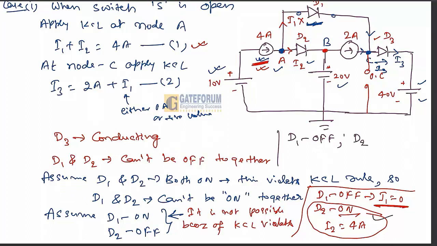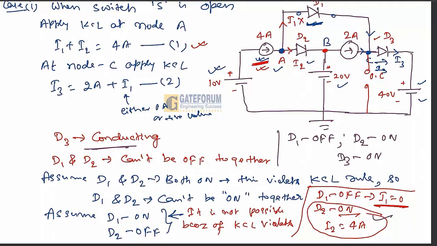D2 we got as on or conducting, and D3 we already got as on or conducting. So whenever this switch S is open, the D1 diode will be off, D2 will be on and D3 will be on. This is the result for the first case.